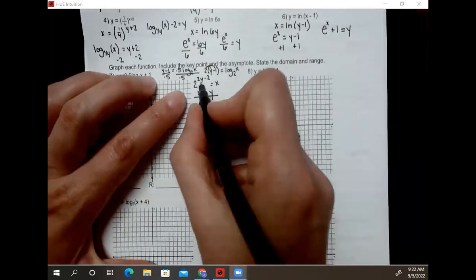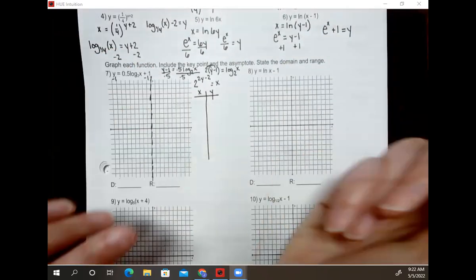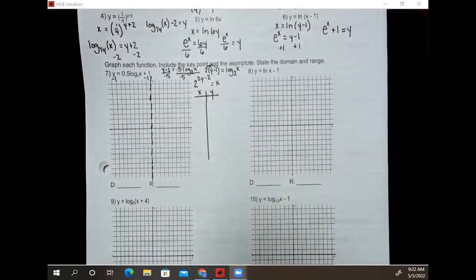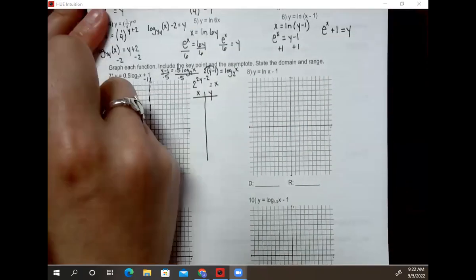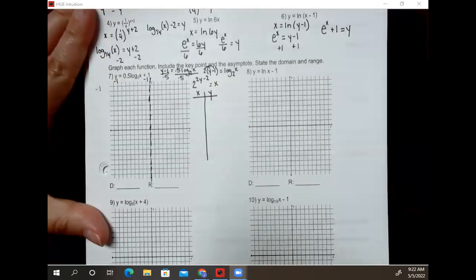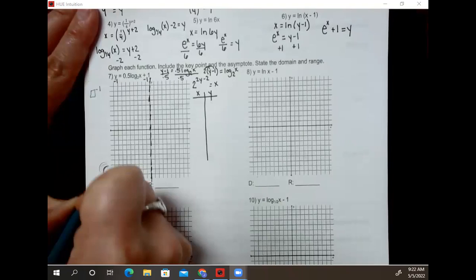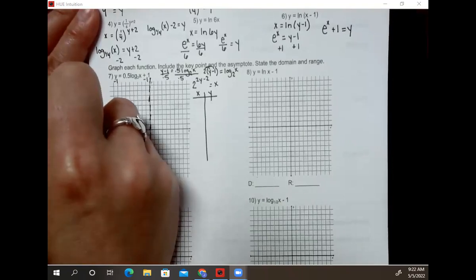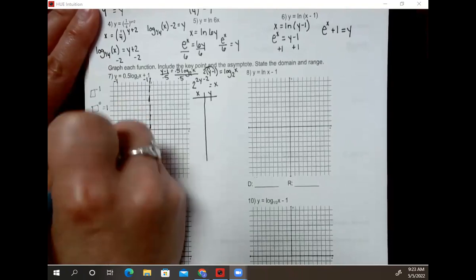So I want values that make sense for y. So I want things that are going to give me an easy exponent when I simplify. So when I say easy exponent, I mean things like something to the negative first power is usually not that bad. Okay, so something, whatever it is, or something to the 0 power. I like when the exponent is 0 because that just simplifies to 1, right?